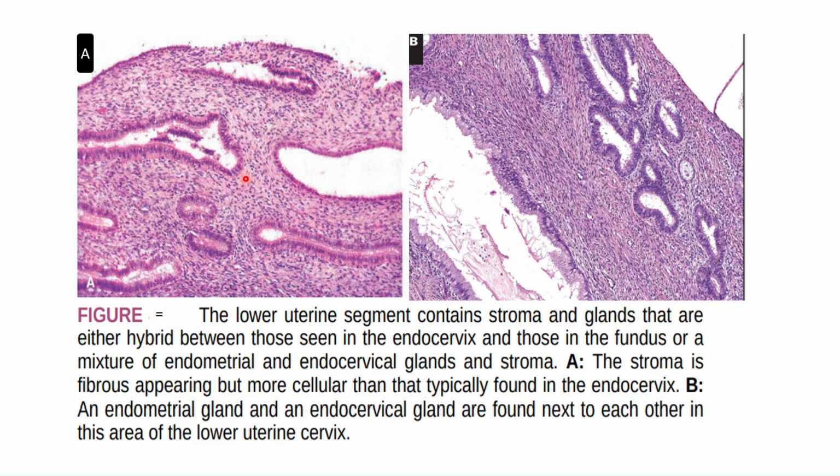So here you can differentiate the lower uterine segment by its more fibrous appearing stroma, and it is more cellular than the endocervical tissue. So this is the endocervical gland, and here you can appreciate the endometrial gland.